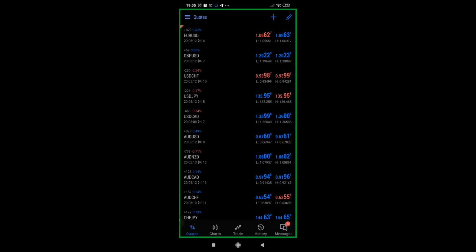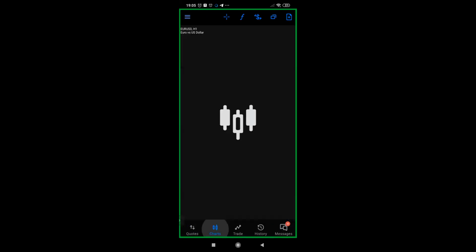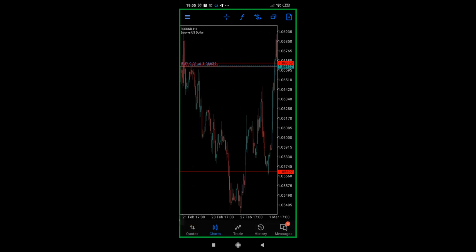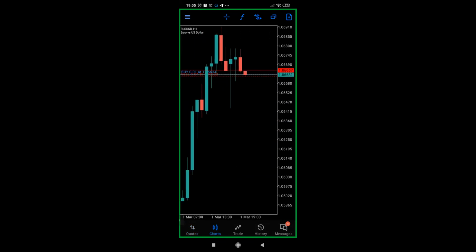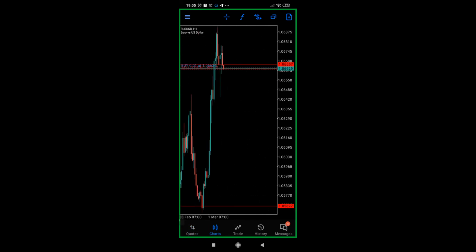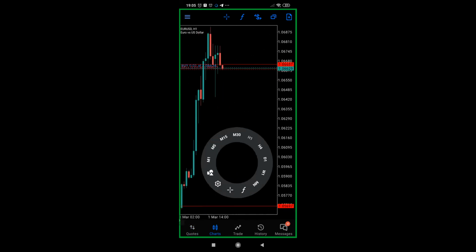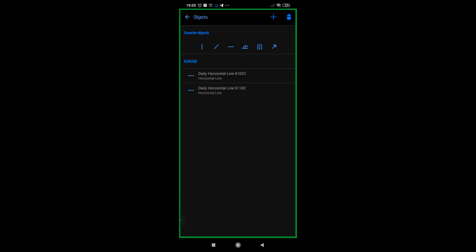So let's go to the chart and see what price is. This is Euro USD price. Look at where price is right now. If I want to buy, that means I want price to possibly retrace.